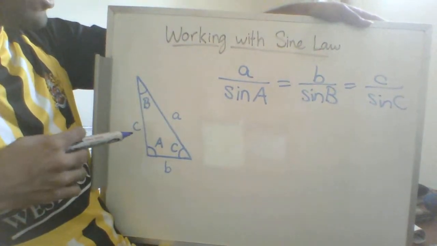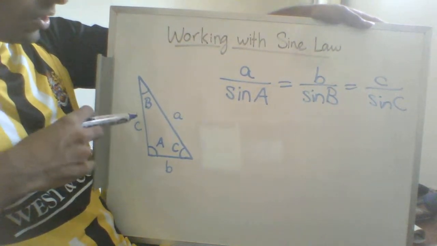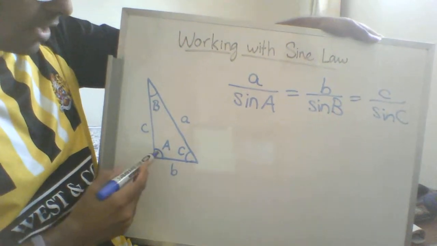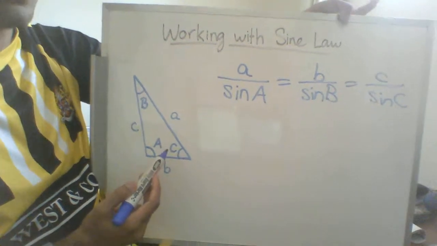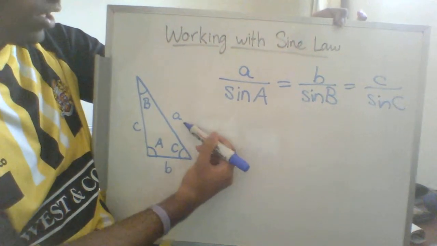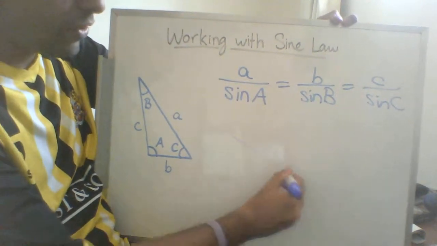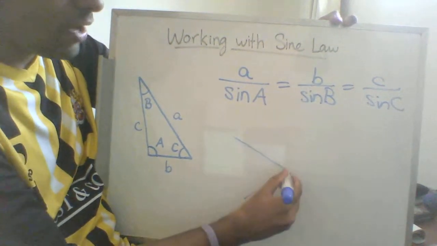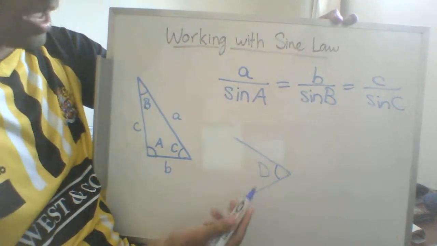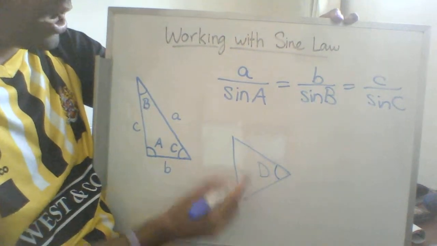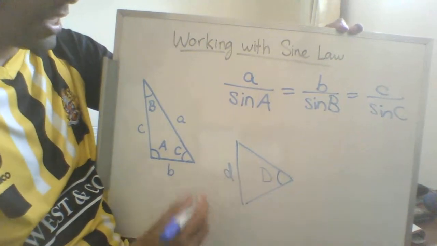For any question with sine law, you're going to have three sides and three angles. You're always going to have angles capital A, capital B, and capital C. That's the convention, and then the sides are lowercase a, lowercase b, and lowercase c. If you have an angle called capital D, then the side that's not part of the two sides making up that angle is the one that gets the name little d.